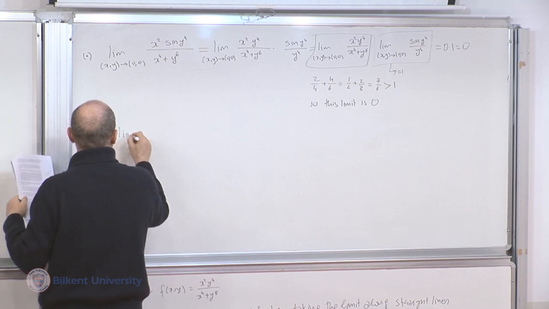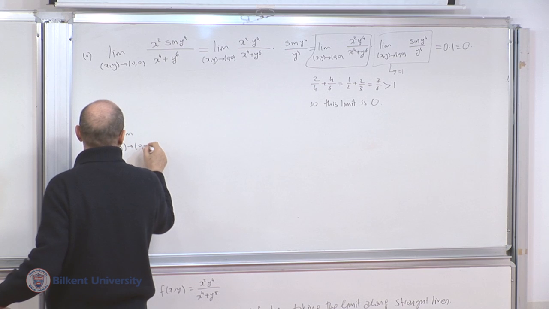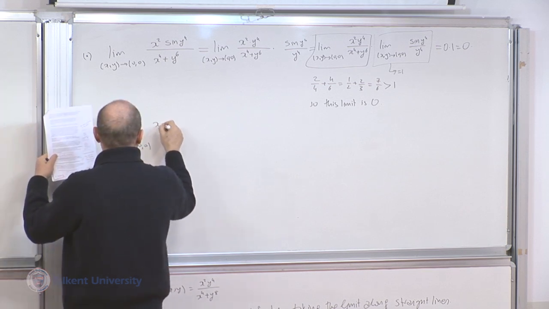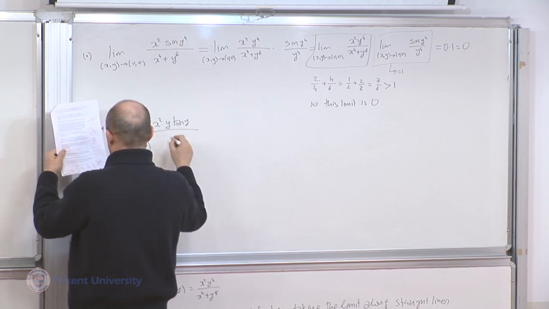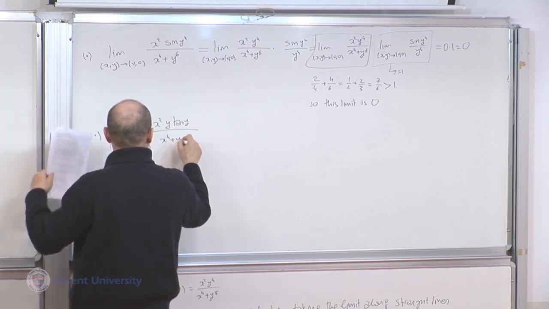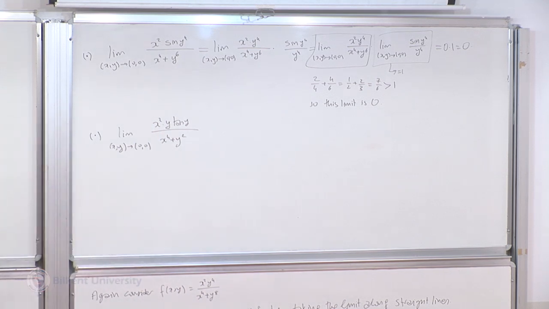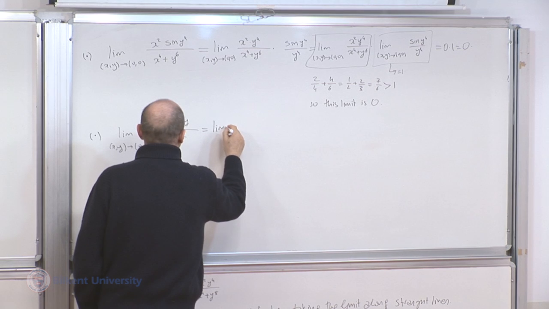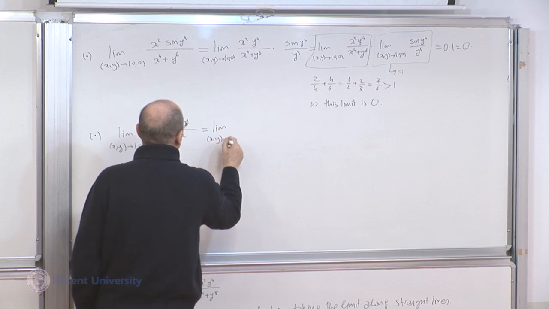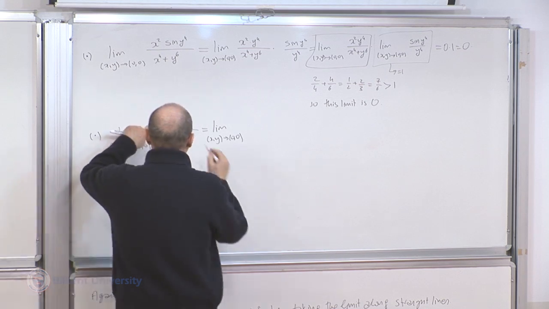So limit x, y goes to 0, 0 of x squared times y tangent y over x to the 4 plus y squared. This limit should be very easy, but okay, let's write this. I try to break this into parts.